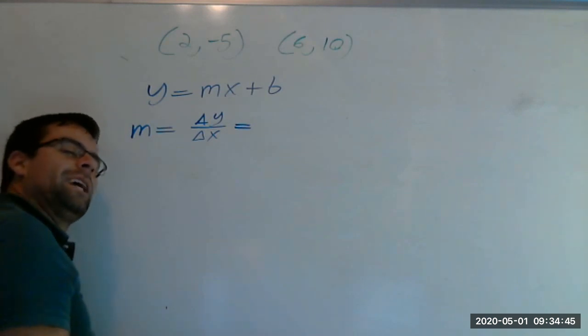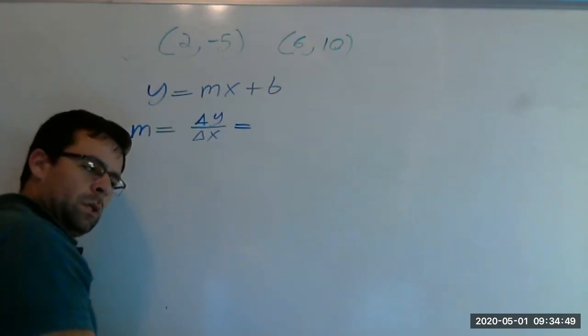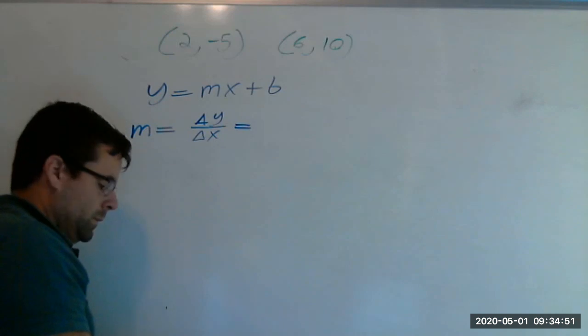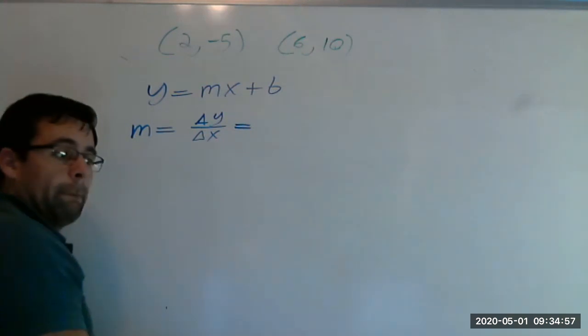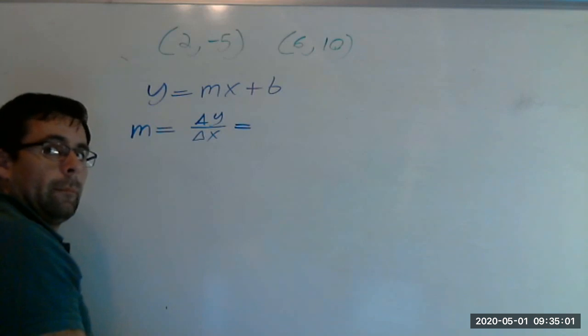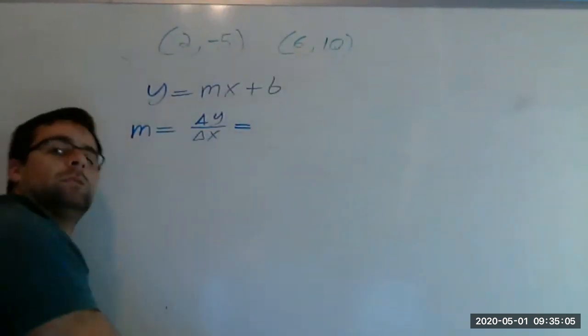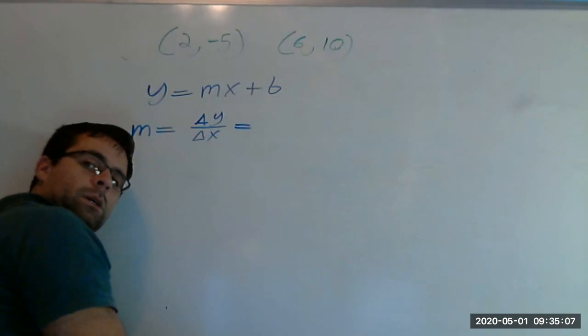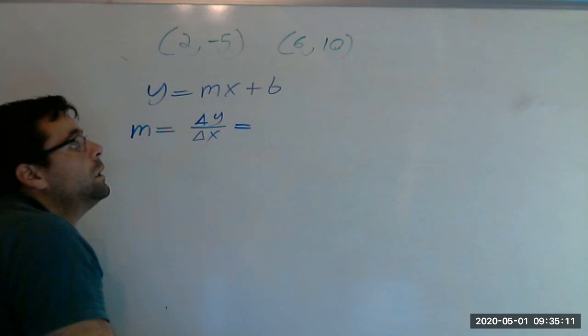What do you have to do to -5 to make it +10? How do you go from -5 to 10? How far do you have to move?